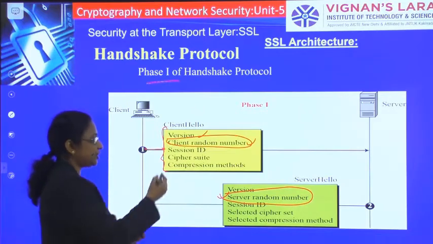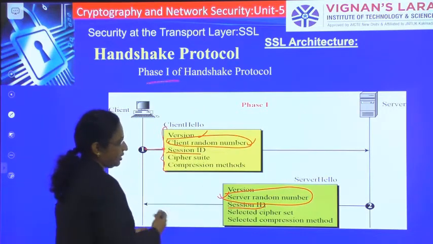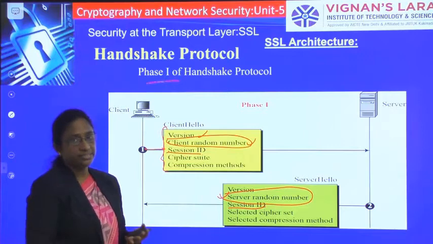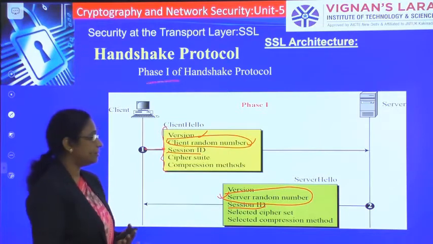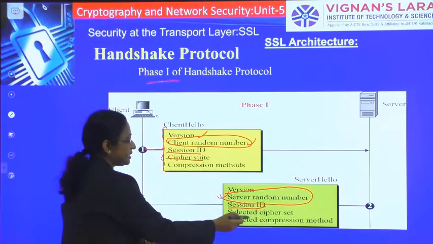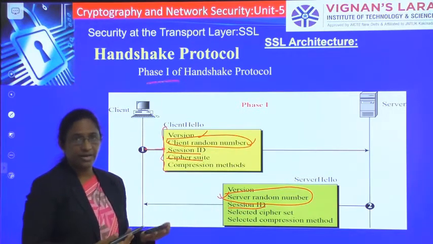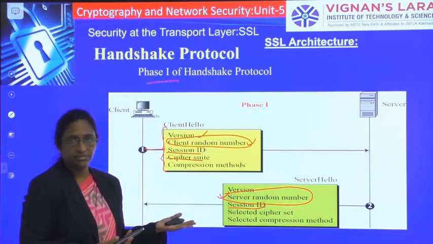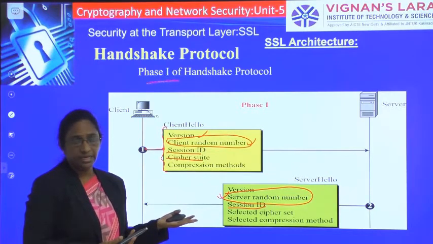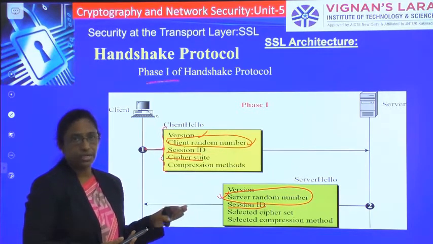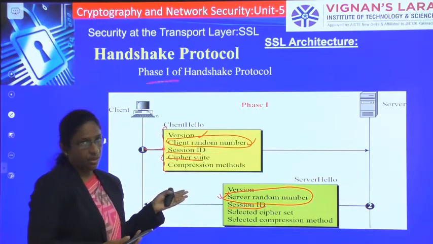Then the session ID, the ID of that particular session. And the cipher suite, meaning the encryption algorithms, the key exchange algorithm they want to use, and the hash functions.